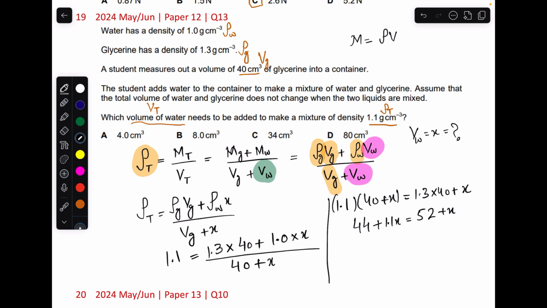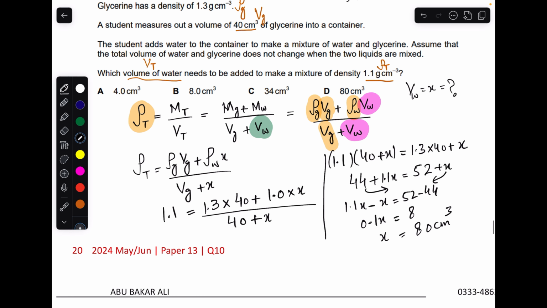Take the x on the left side and the numbers on the right side. So 1.1x minus x is equal to 52 minus 44. It will be 0.1x equals 8, and x will be equal to 8 divided by 0.1, that will give you 80 centimeter cubed, because it's the volume. Okay, that's option D.